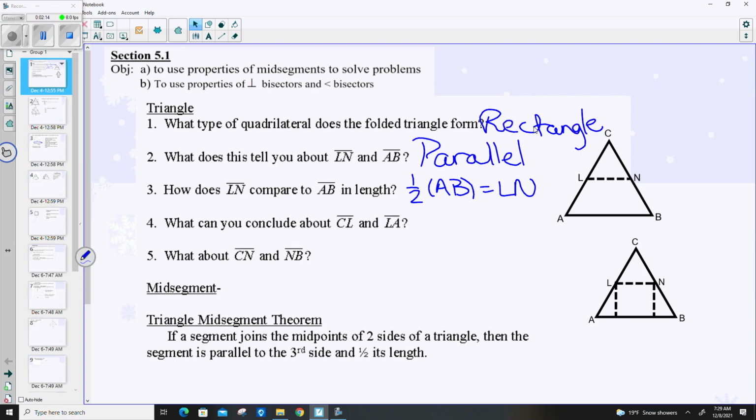All right, what about CL? The top going from that LN up to the point, and LA. So here and here. Can you tell me about those 2 pieces? They are congruent.